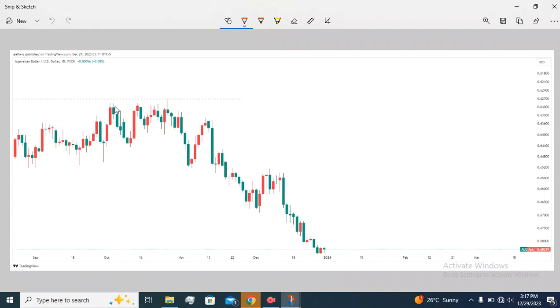This consolidation was making sense because we reacted off this guy. First break of structure, swept this guy. We also reacted off this guy. Then we came and now we smashed this guy. After just touching it, we dropped down. What was happening here?